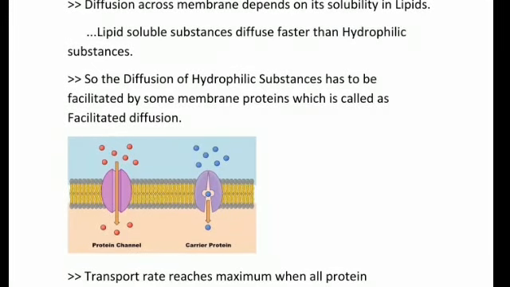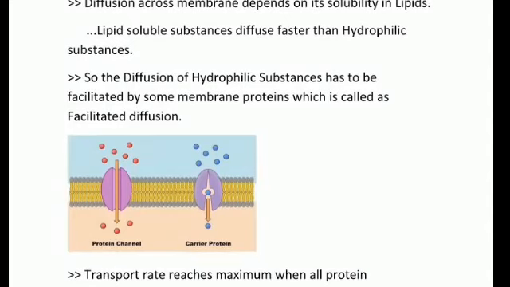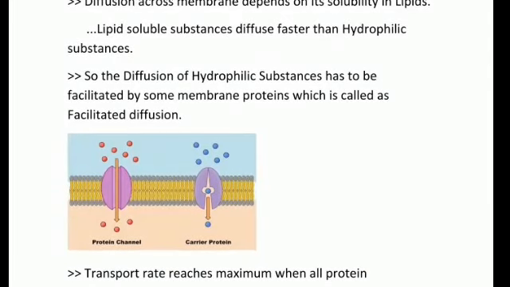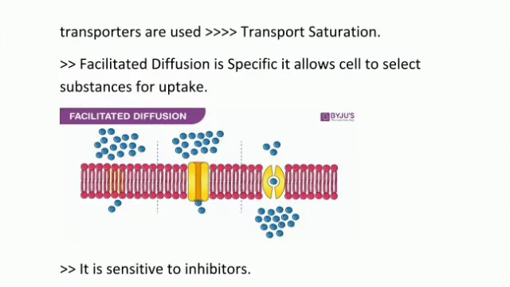And the transport rate reaches maximum when all protein transporters are used. So this is called transport saturation. And one thing about facilitated diffusion is that it is very specific, meaning it allows the cell to select substances for uptake.